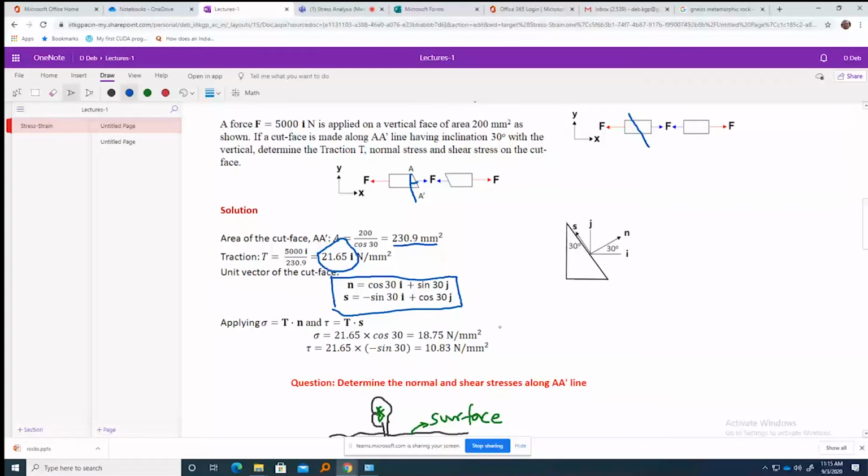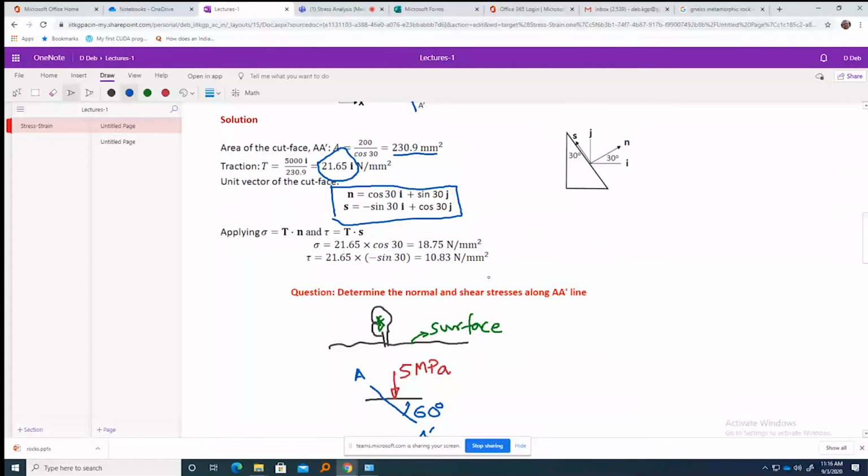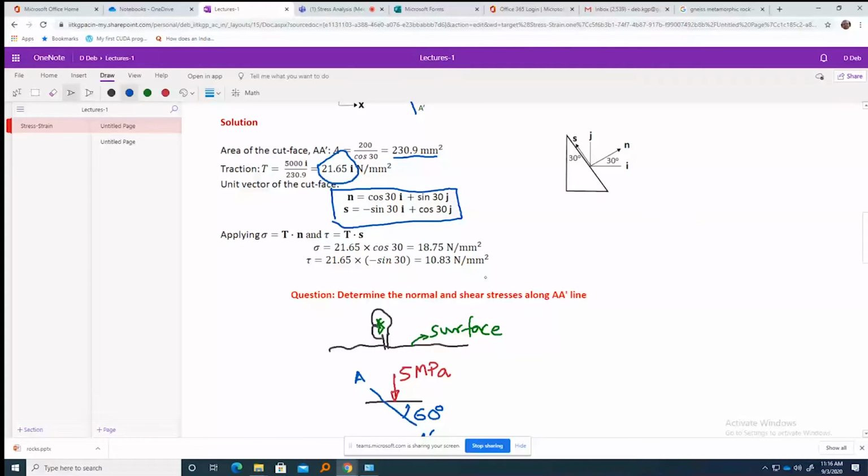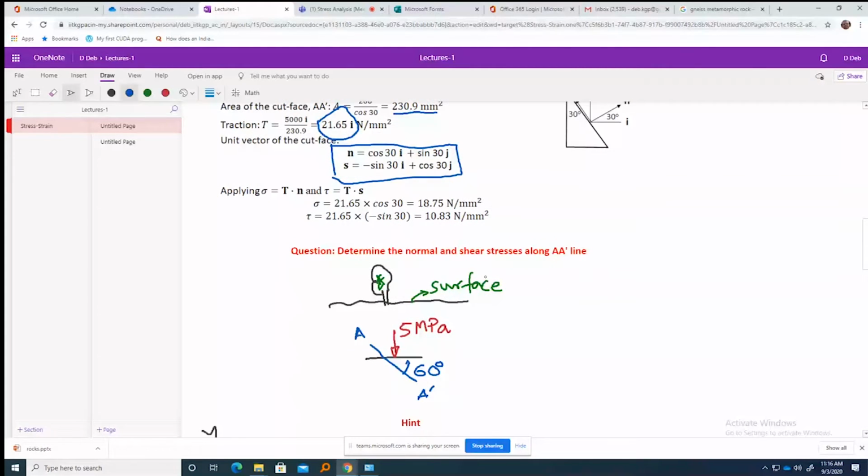Now, determine this. I will give the hint later. I'm giving you 2 minutes. It's the same thing, I just changed the direction. Let's say this is a surface. I have drawn the tree very poorly anyway. So certain meters below, the stress on this line is 5 MPa. And let's say my AA dash line is now, mind that this is the stress, or you can say the traction also, because in this case it is the same thing.